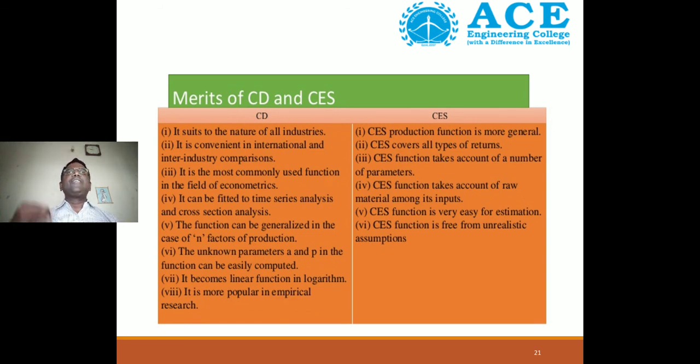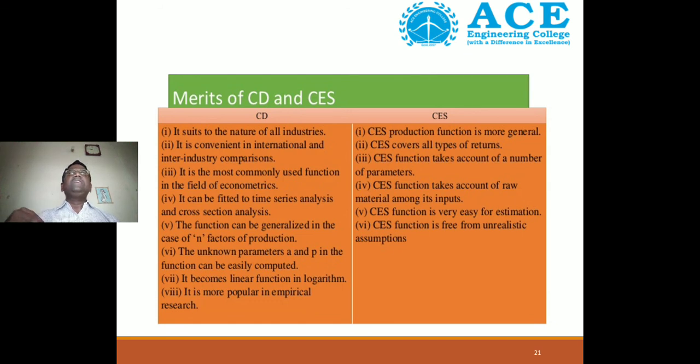Cobb-Douglas is the most commonly used function in econometrics. CES is used to account for a number of parameters and is generalized for n inputs. Cobb-Douglas is used for easy estimation, and its unknown parameters A and B can be easily computed.